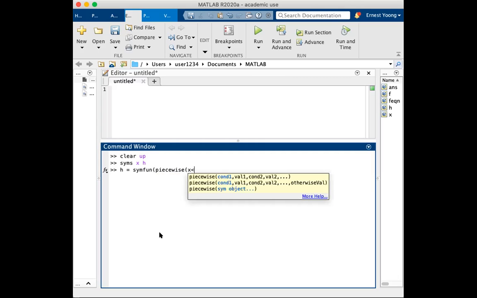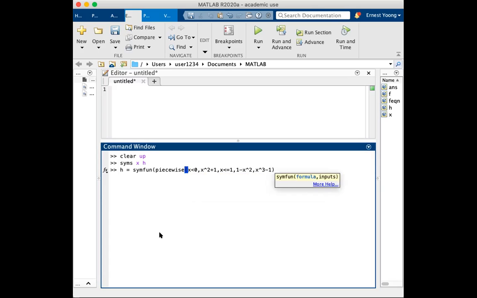Bracket, x is more than 0, x squared plus 1, where x is smaller or equal to 1, or 1 minus x squared, then x cubed minus 1. So this is the piecewise function.